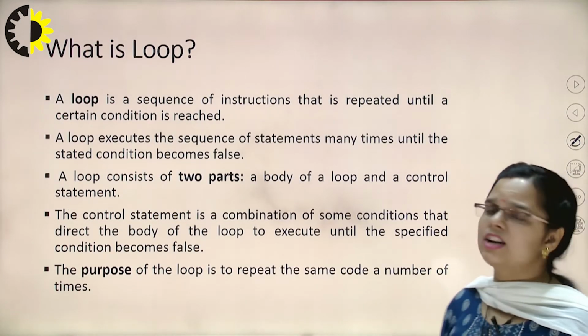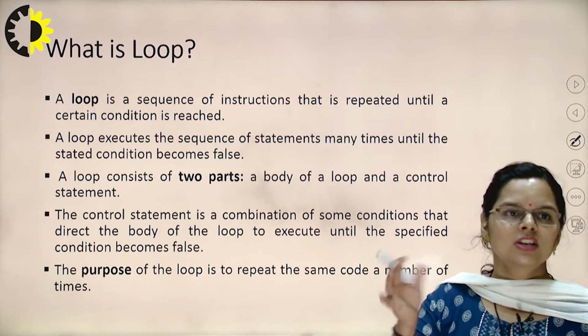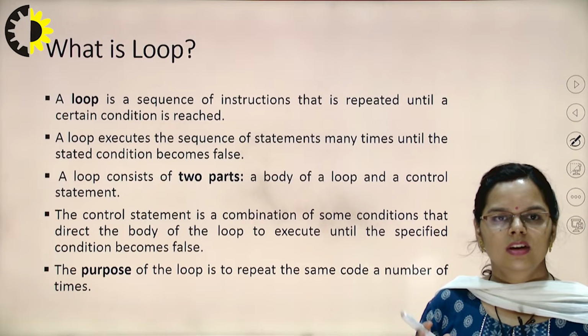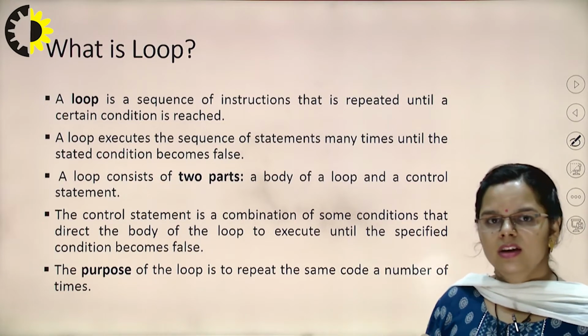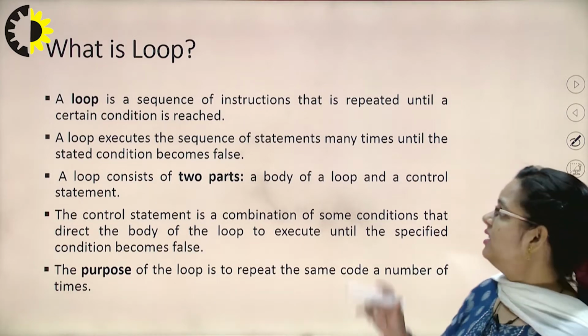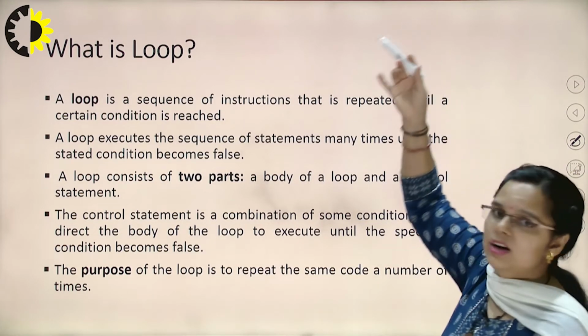So what is actually a loop? A loop is basically a sequence of instructions that is repeated until a certain condition is reached. If the condition is reached, then we will come out of the loop. Let us say we have to print hello world n number of times.